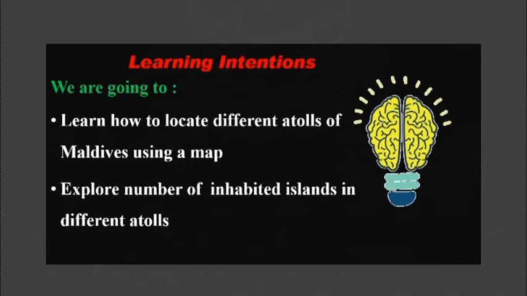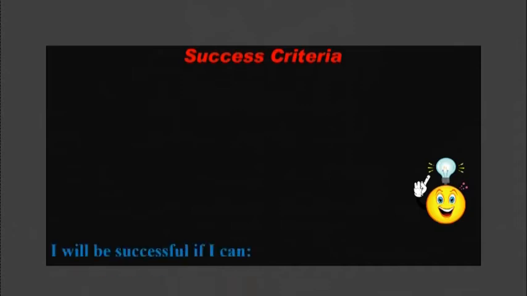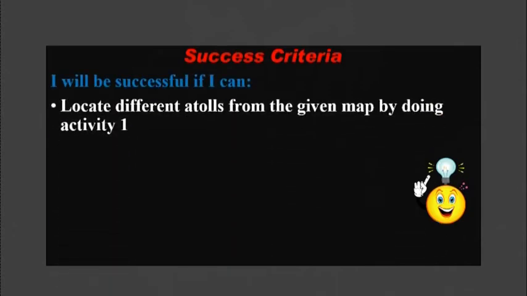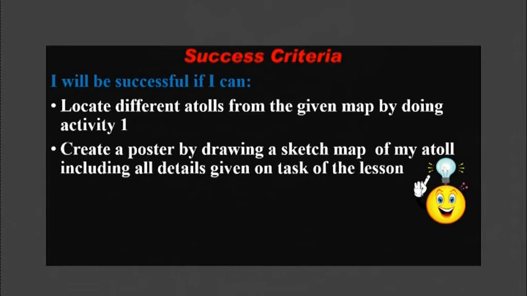Next, let's see the success criteria. You will be successful if you can locate different atolls from the given map by doing activity 1. Create a poster by drawing a sketch map of your atoll, including all the details given in the task of the lesson.